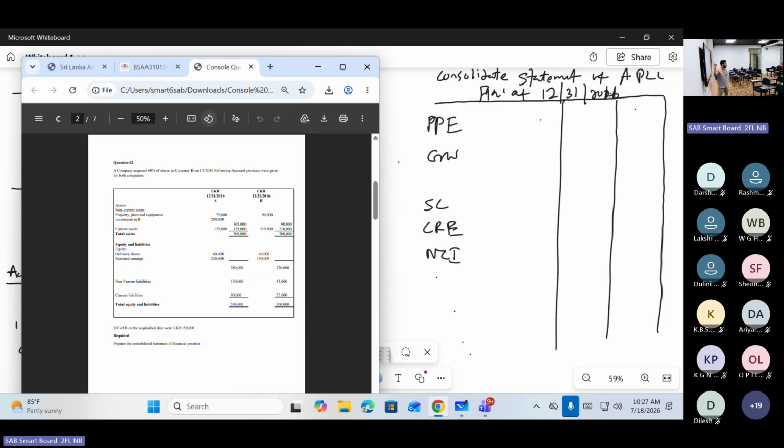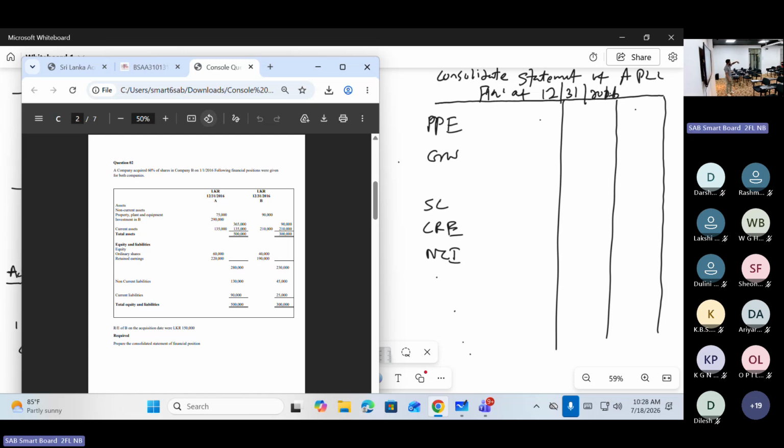The acquisition happened on 1st January 2016, the first date of the year. Keep in mind that you need to do the goodwill calculation at the acquisition date, 1st January 2016.